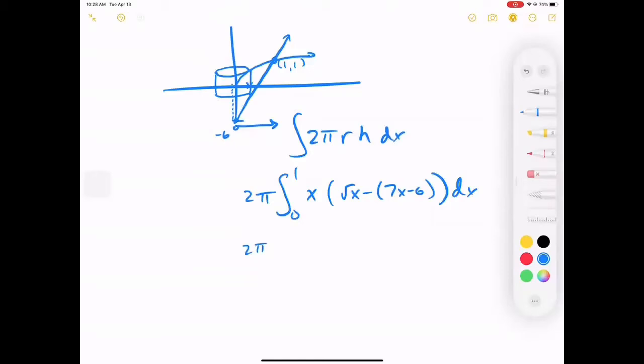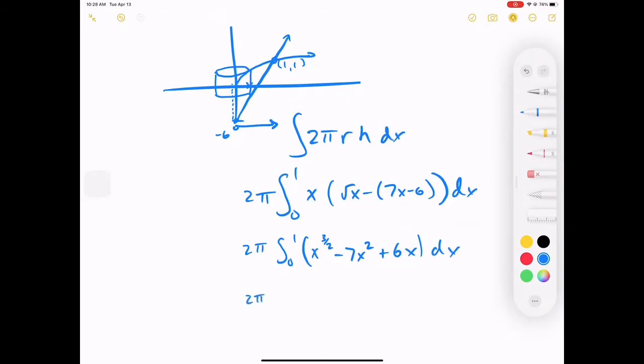If you multiply this out, it would still be kind of ugly. 0 to 1 of, this is x to the 3 over 2 minus 7x squared plus 6x dx. I think I did that right. Without multiplying pi, right? If it's not a repeating decimal, I wouldn't know what it is. Let's do this by hand then. Let's see what we get.